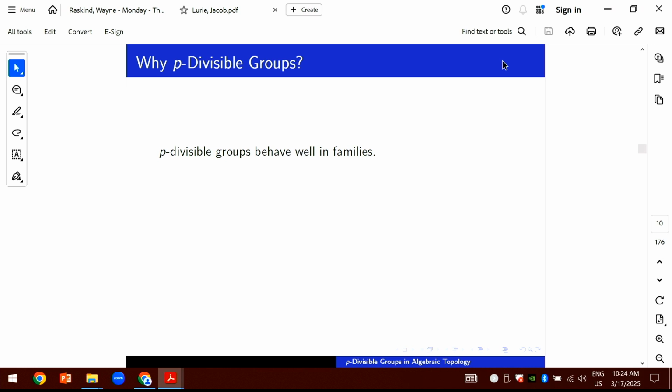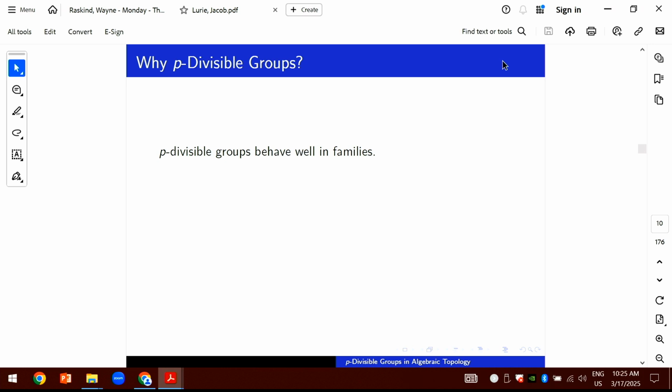One thing that it buys for you is that a p-divisible group is something that behaves well in families. I gave you a definition of a p-divisible group over a ring R, which doesn't have to be a field. So for example, if I started with an elliptic curve over R, you can think of that as a family of elliptic curves parametrized by the spectrum of R. And in that family, you might see some of these elliptic curves are ordinary, and some are supersingular.